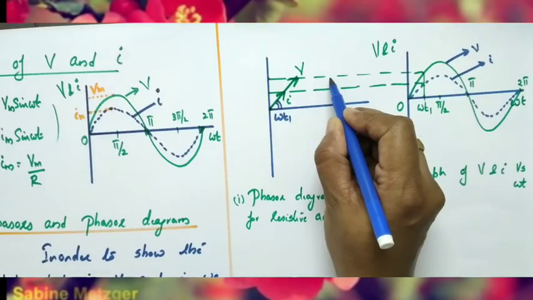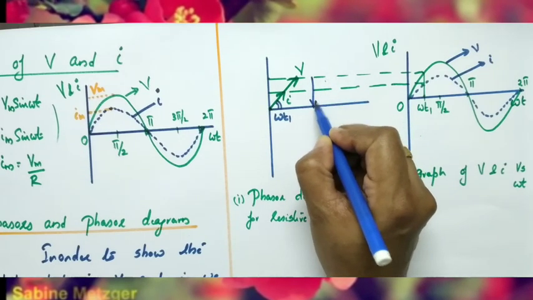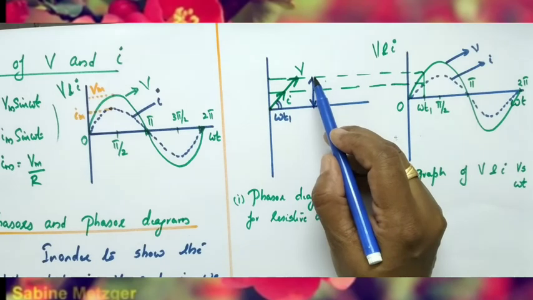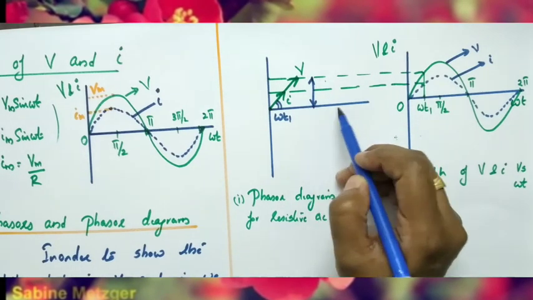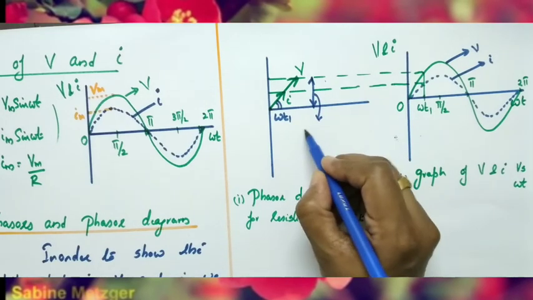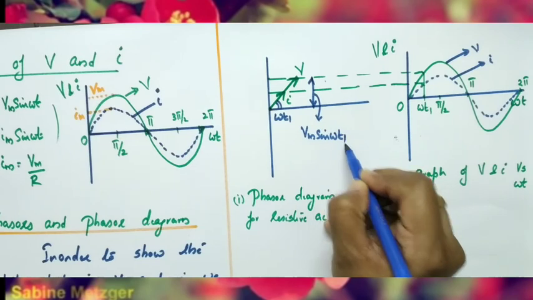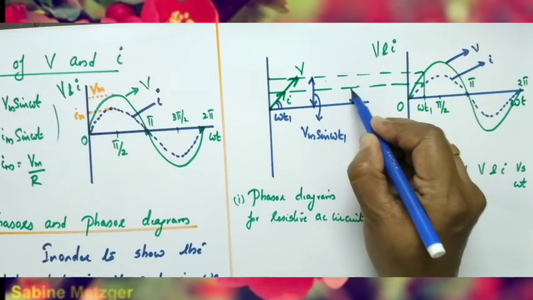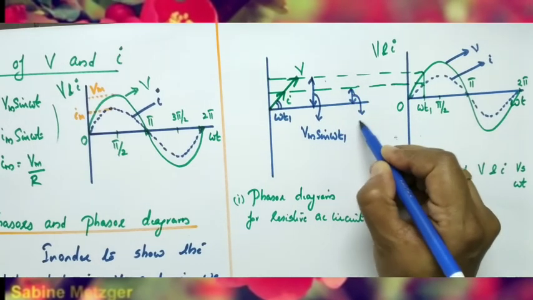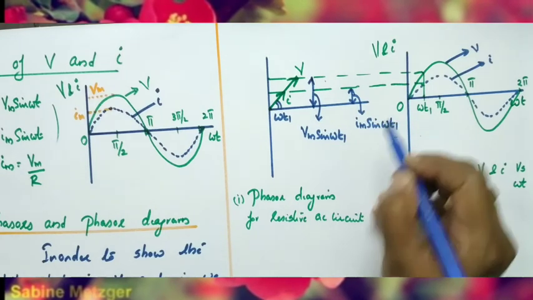The line drawn from the voltage phasor towards the x-axis is called a projection, and this projection is Vm sin omega t1. What is this projection? This is Im sin omega t1.